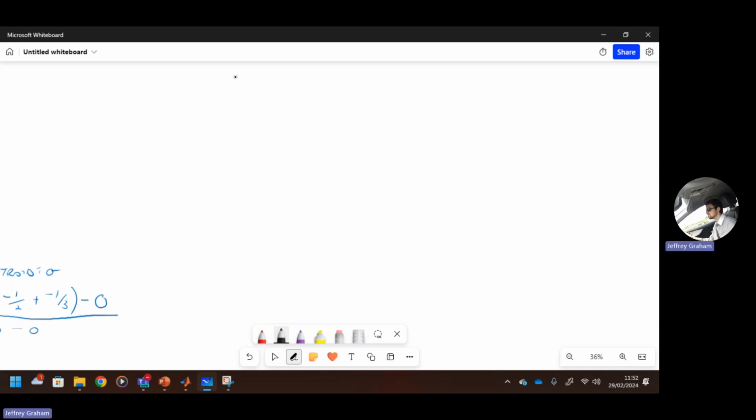Right, the equation says K. I'll use the expanded version just for simplicity. Our transfer function of the control system started off like that.